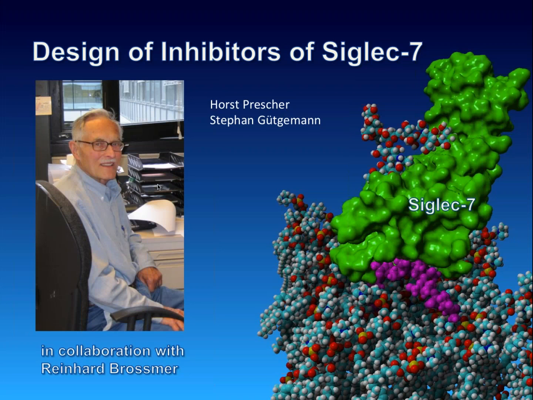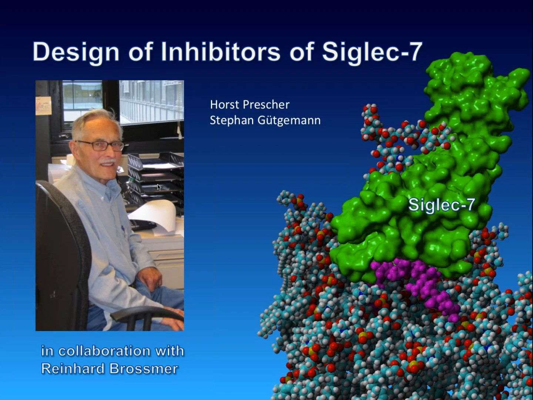So finally, I would like to show you a design project which I was involved in myself, in collaboration with Reinhard Brossmer. Reinhard Brossmer, who turned about 90 this year, is a remarkable person. He's a synthetic chemist, a specialist in the synthesis of sialic acid derivatives.